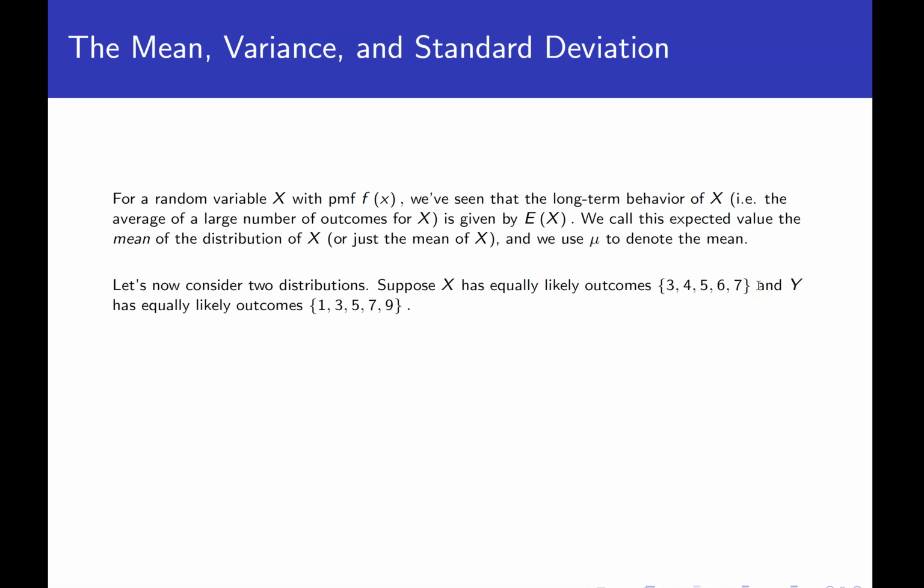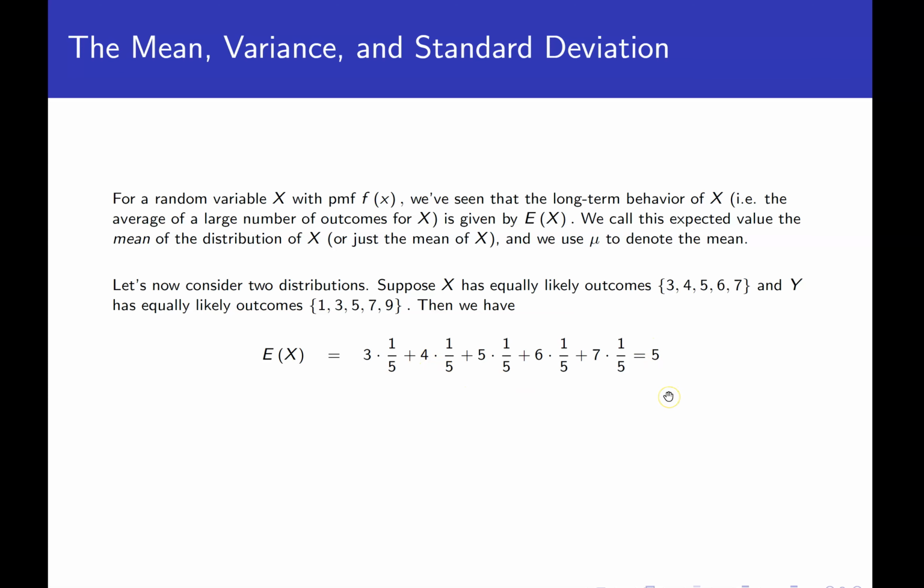All right, so let's consider two different distributions here. Let's suppose that x has equally likely outcomes 3, 4, 5, 6, 7. Let's suppose y also has equally likely outcomes, but the outcomes are 1, 3, 5, 7, 9. We can compute the expected values, just like we've done before. They're equally likely outcomes, so each one has a probability of 1/5 of occurring. So to find the expected value of x, we would have 3 times a fifth, 4 times a fifth, and so on.